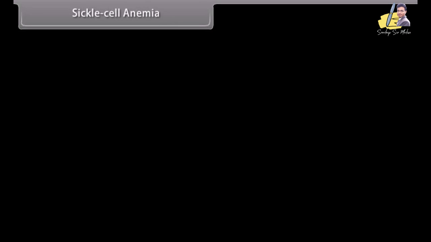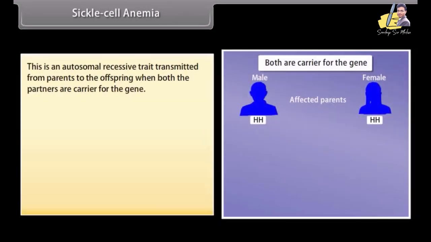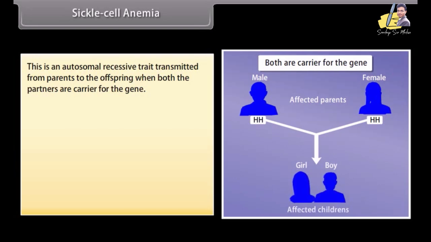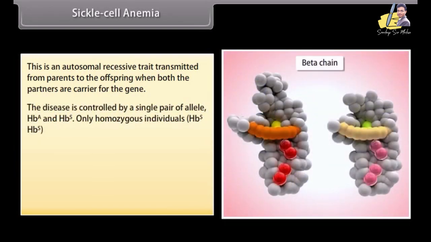Sickle cell anemia. This is an autosomal recessive trait transmitted from parents to the offspring when both the partners are carriers for the gene. The disease is controlled by a single pair of alleles, HbA and HbS; only homozygous individuals, HbS HbS, are affected.